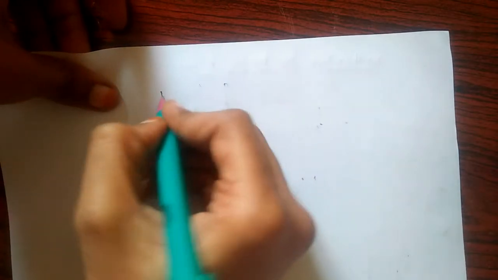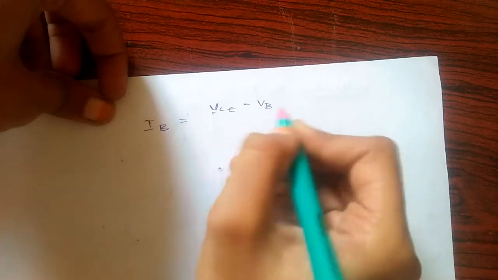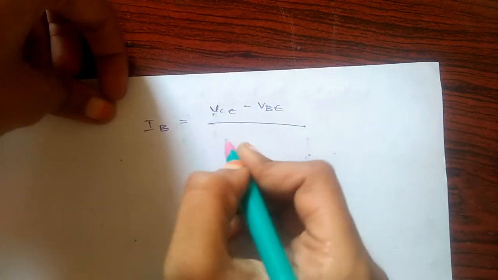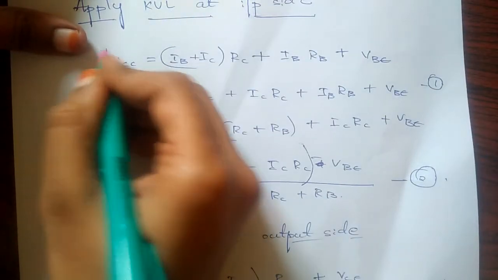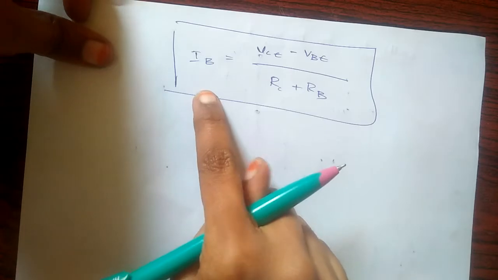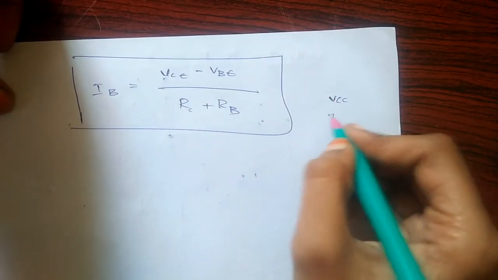So then IB is equal to VCE minus VBE, divided by RC plus RB. We come to know VCC and the equation of IB. Okay, we found VCC and IB.